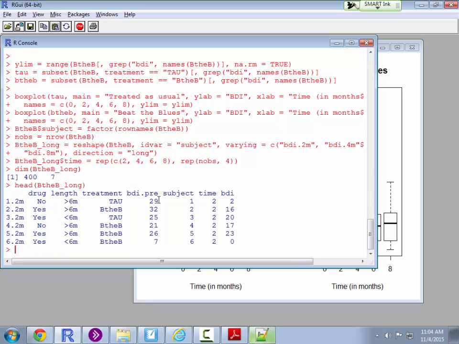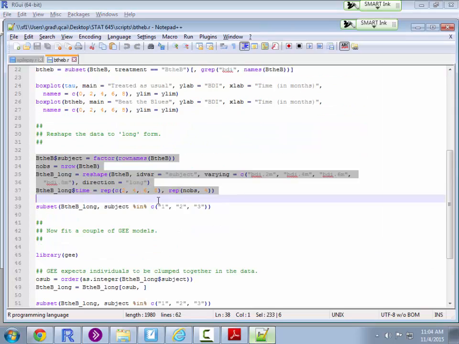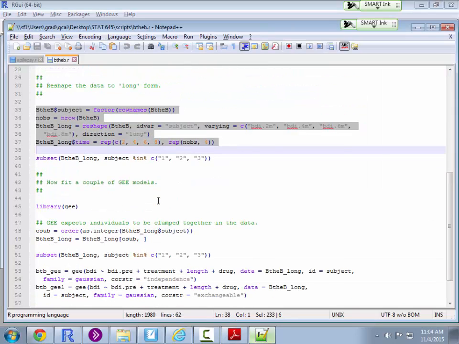And so there's a new column called subject, there's a new column called time, and there's a single column for the response called BDI. And that first row is the first time point for individual 1. Second row is first time point for individual 2, and so on.